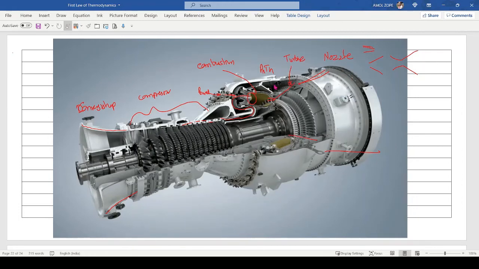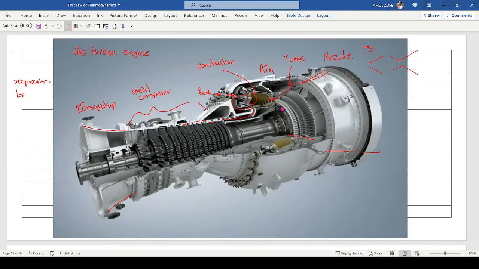Okay, so this way any engine, so right now this figure is that of a gas turbine engine. Instead of an axial compressor, if you incorporate a reciprocating compressor, you call that an engine.